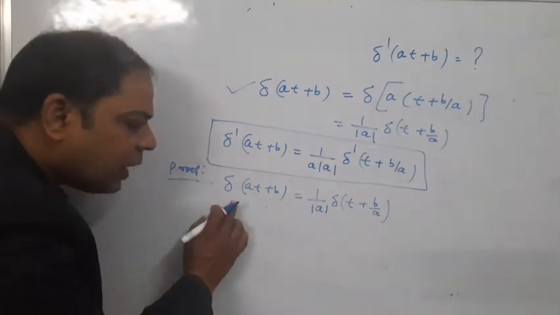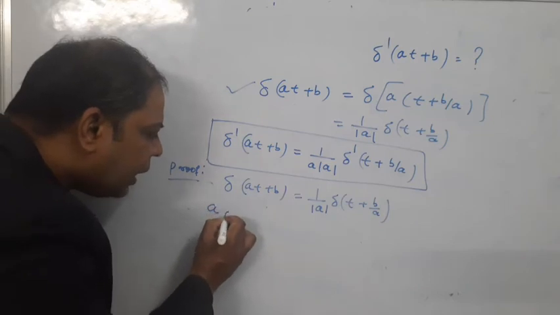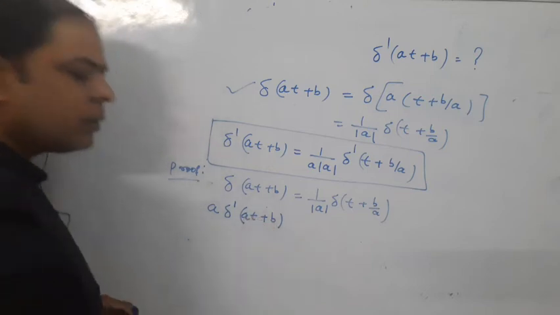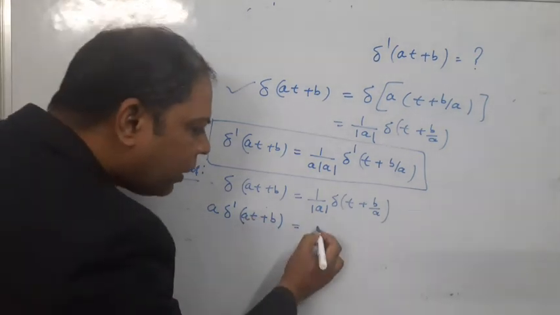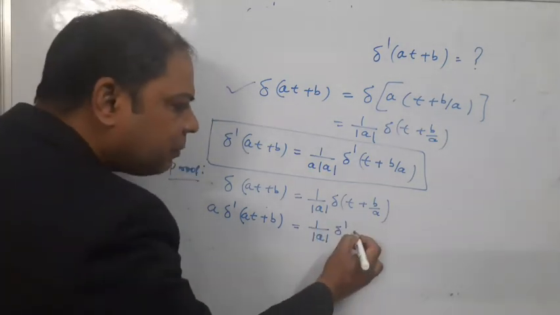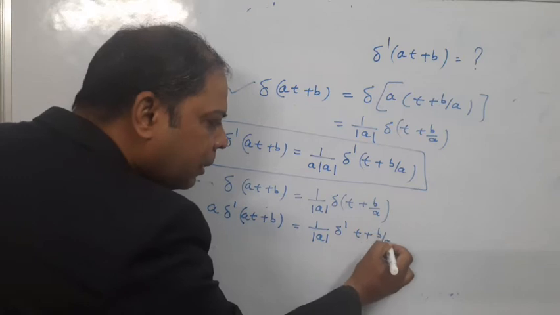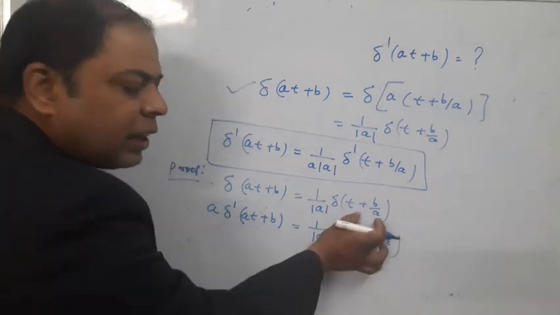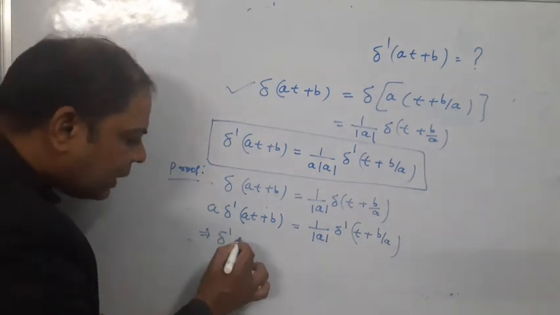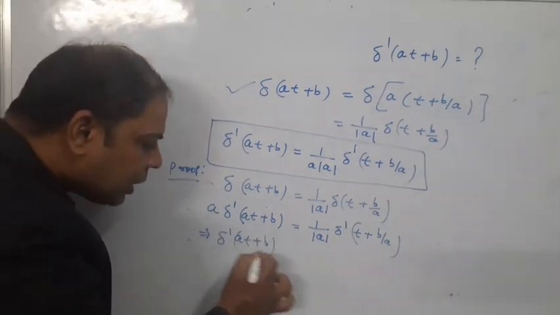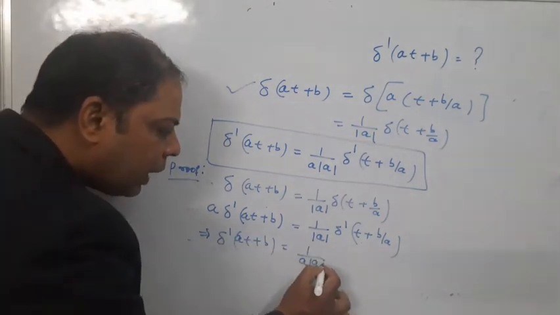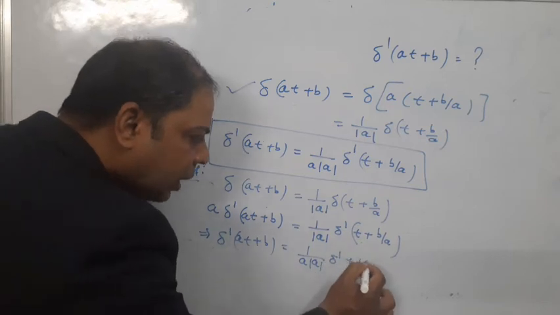That means if you differentiate, you find a del dash at t plus b. Now, on the other side, 1 by mod a is a constant, so this is del dash of t plus b by a. If you differentiate the inner term, you find 1, because b by a is a constant. So now del dash at t plus b, take this a to the other side: 1 by a mod a del dash of t plus b by a.